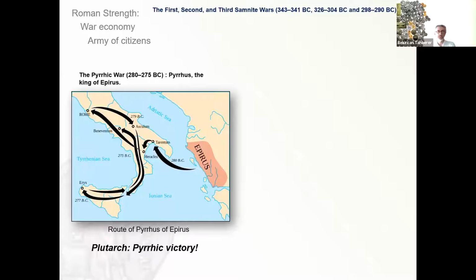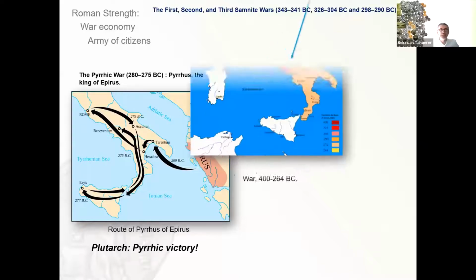Poor Pyrrhus worked so hard, and he was triumphant in 3 or 4 of the battles that he fought. However, his losses were so heavy that the saying Pyrrhic victory became famous at that time.